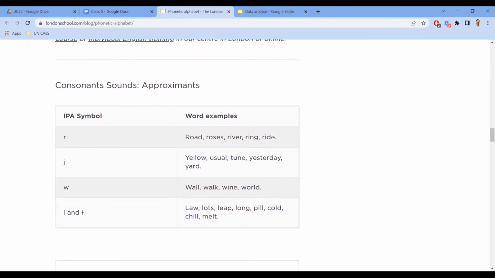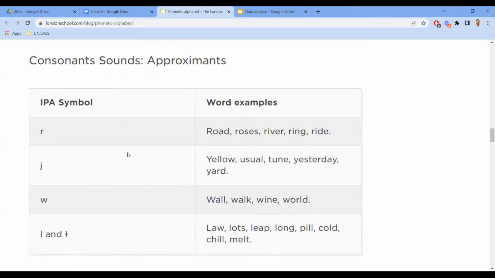We also have the approximant sounds, like the rolling r. We also have this other sound that students usually have problems with, that is the y, the glide sound.